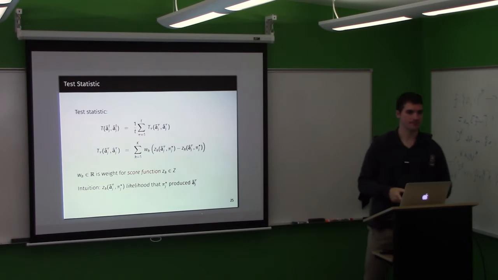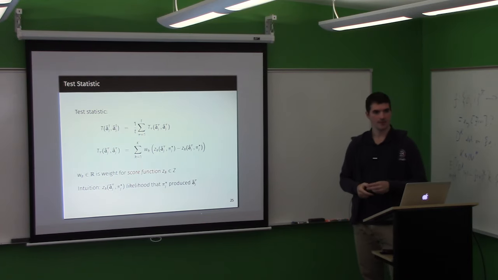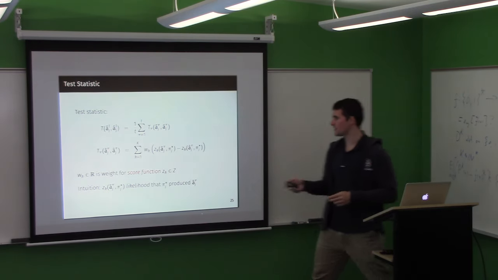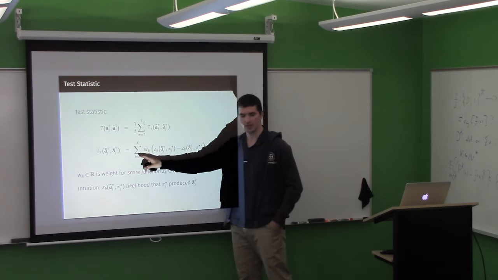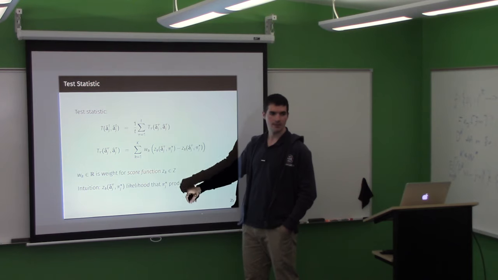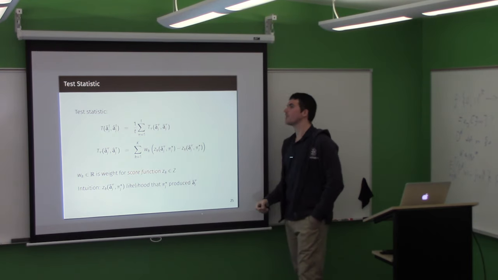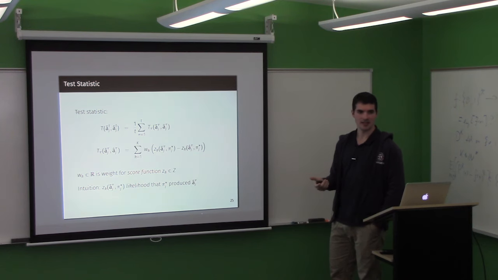Wouldn't it be better to do many different tests and get many different p-values and see if more than the expected number of p-values were very low? You mean you would basically just reduce this definition to one score function? Or I would do many different score functions separately. Could you do that? Well, I suppose you could, but I'm not sure if that would give you an edge over this.